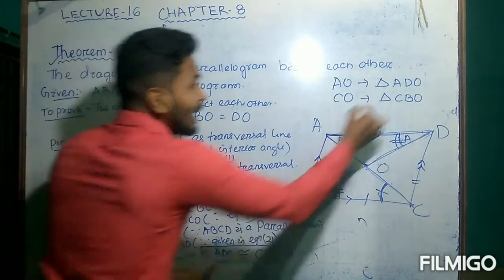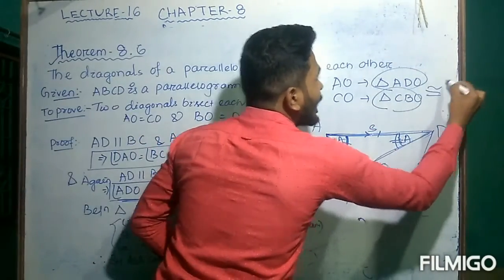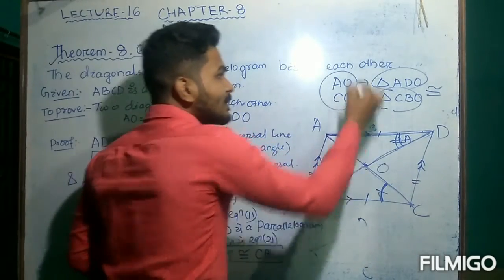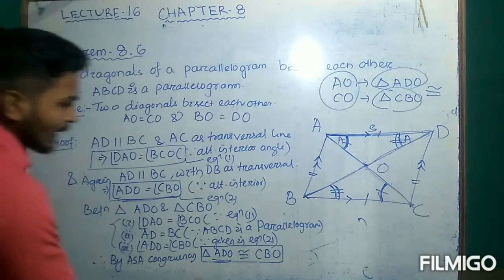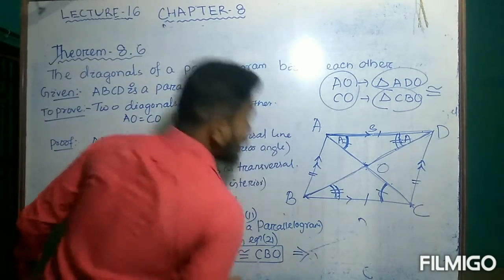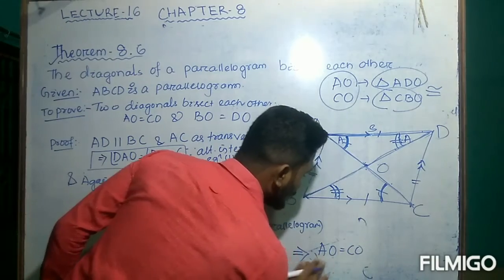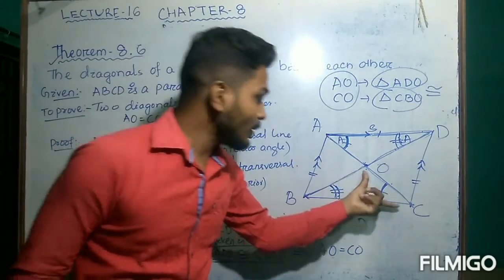We have proved the triangles ADO and CBO are congruent. That's why their corresponding sides must be equal due to axiom 7.2. So simply you can write, implies AO is equal to CO. So we have found this half AO is equal to CO.